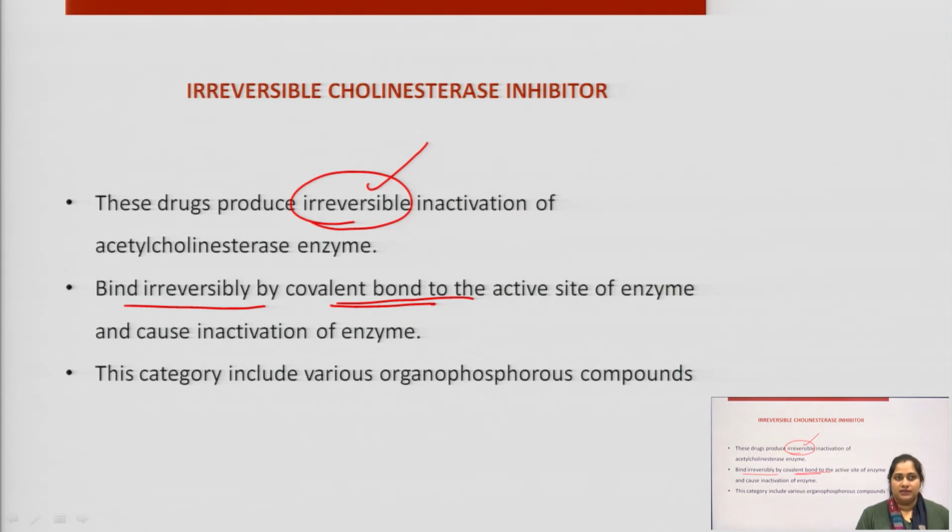Further, this category includes different types of organophosphorus compounds that we have already discussed in the previous lecture. When we saw the structure of these irreversible cholinesterase inhibitors, we noticed these are organophosphorus compounds.